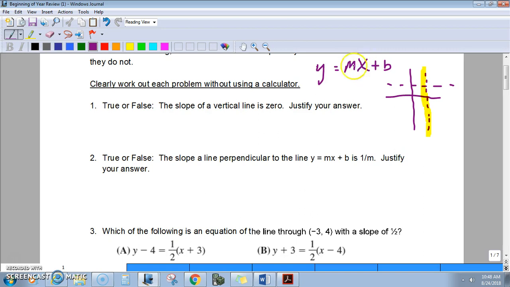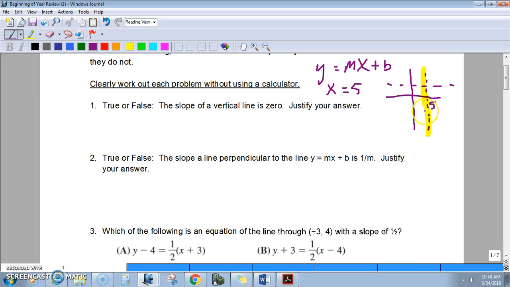If we have x is equal to something only, like x equals 5, this vertical line right here, there's no slope in x equals 5. It's just x equals 5 all the time.